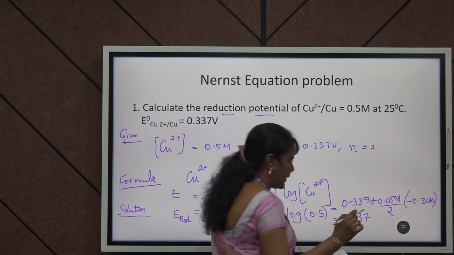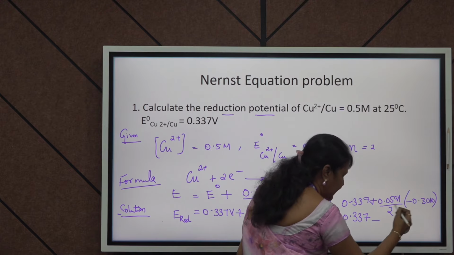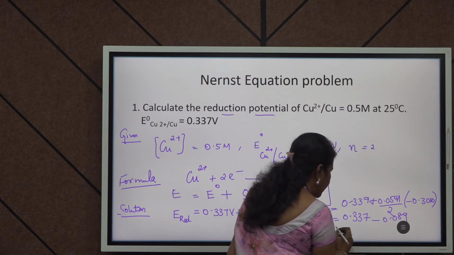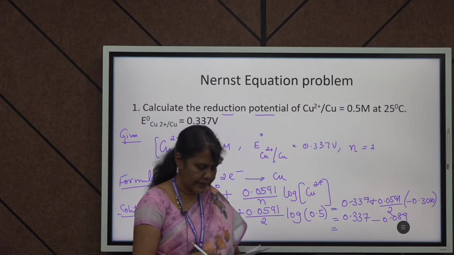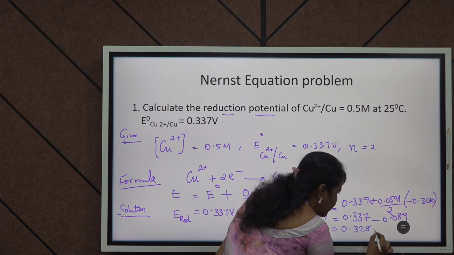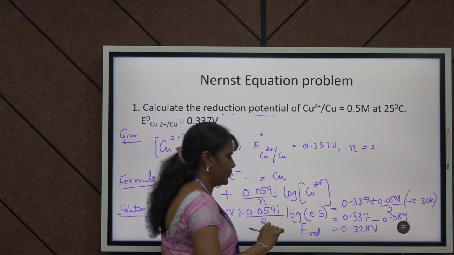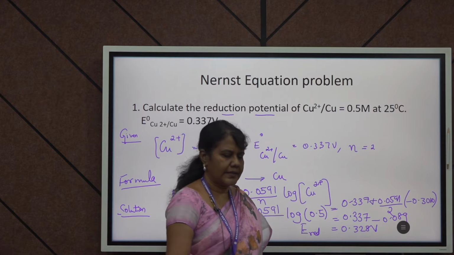Since it carries a minus, this will become minus. On multiplying this and dividing it by 2, we get 0.089. So 0.337 minus 0.089 is 0.328 volt. So the reduction potential for copper is found to be 0.328.